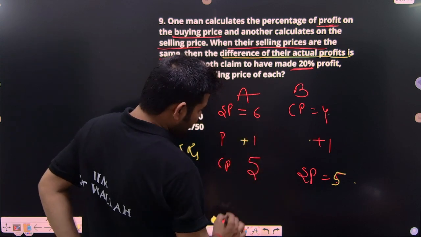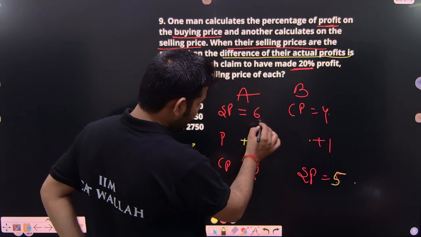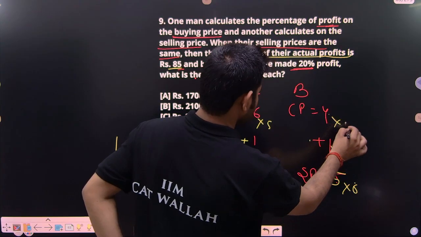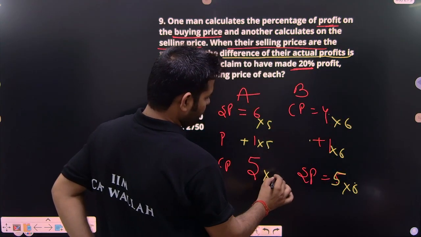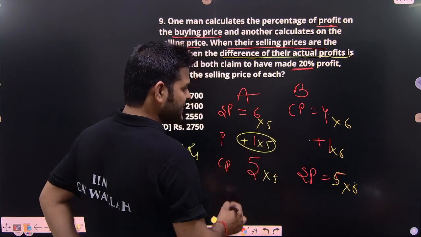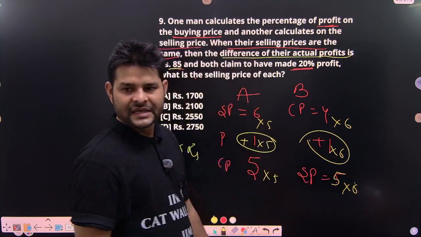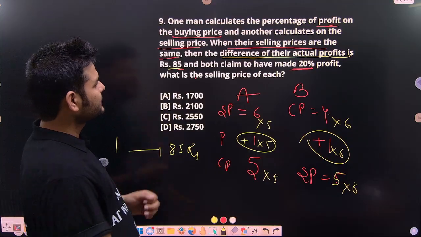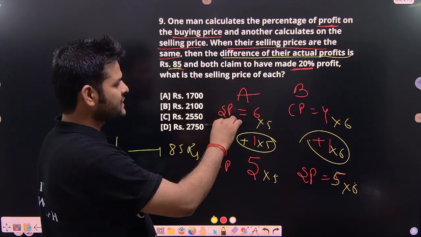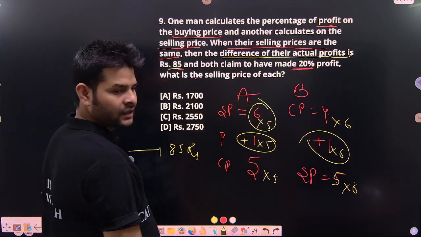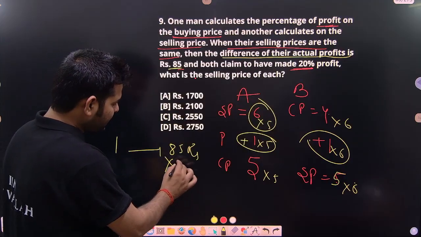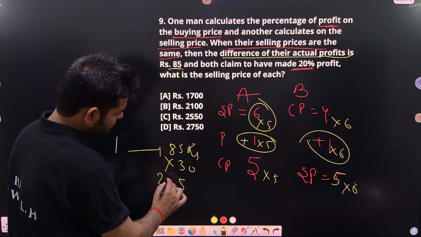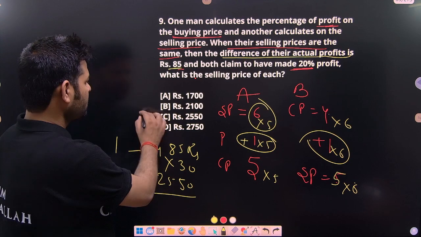So we need to multiply here by 5 or here by 6. Exactly. So again, the difference of 1 unit is going to represent 85, and we have been asked what is the selling price of each. Selling price of each is 30 units. So 30 units will represent 5,0. That would be option C.